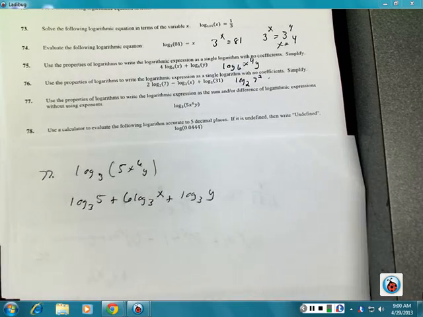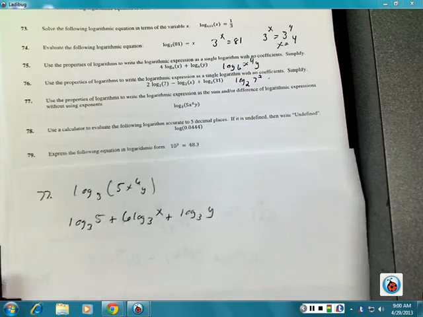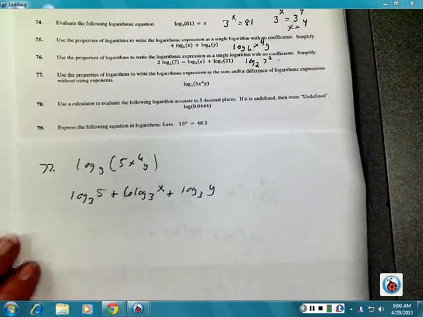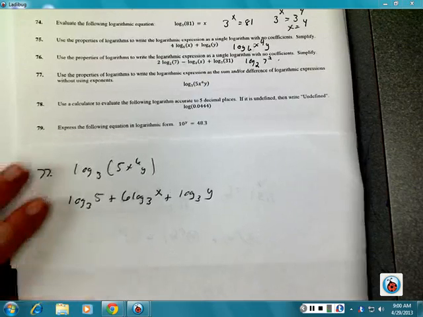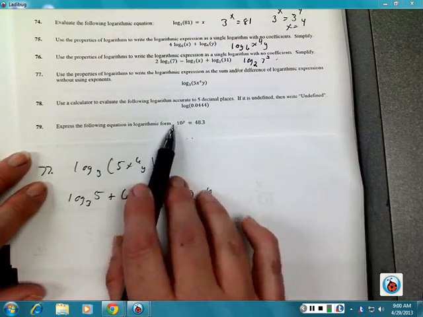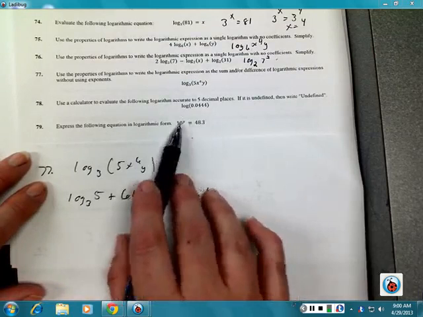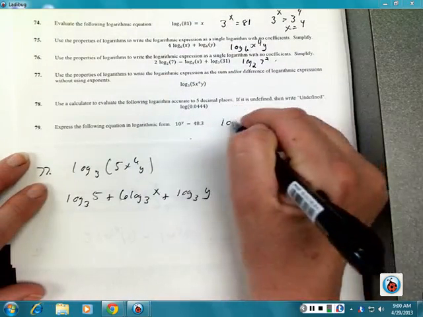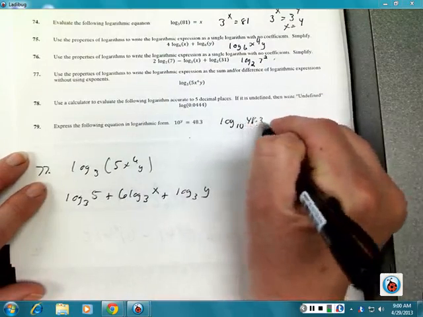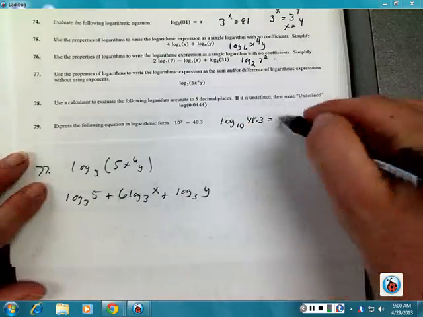You good with the calculator use? Think so? Okay. Are we good with this next one? It says express the following equations in logarithmic form. So in logarithmic form, remember this is my base 10, and that's my answer, and that's my exponent. So it's going to be log base 10 of 38.3 is equal to y.